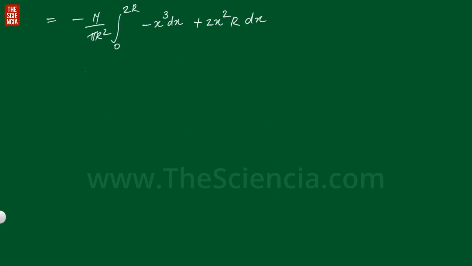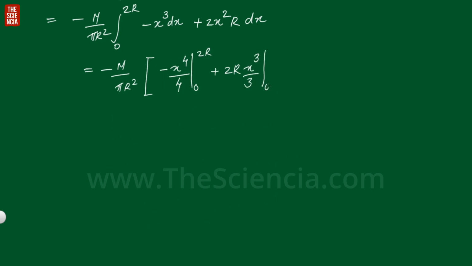Now we can integrate this function. That is equal to minus m by pi r square into the integral of minus x cube, which is x raised to 4 by 4, limit 0 to 2r, plus 2r into the integral of x square, that is x cube by 3, limit 0 to 2r.